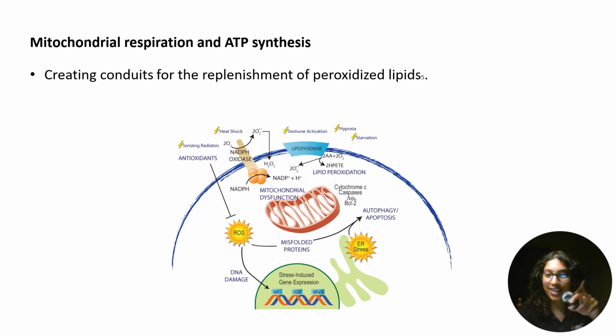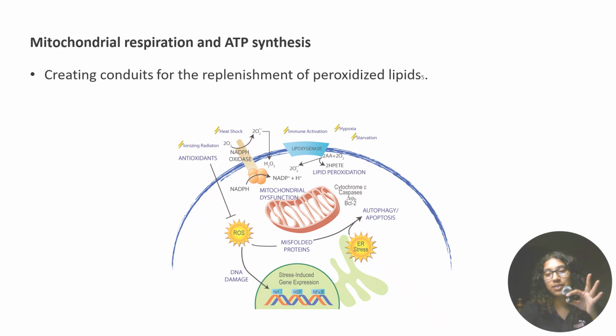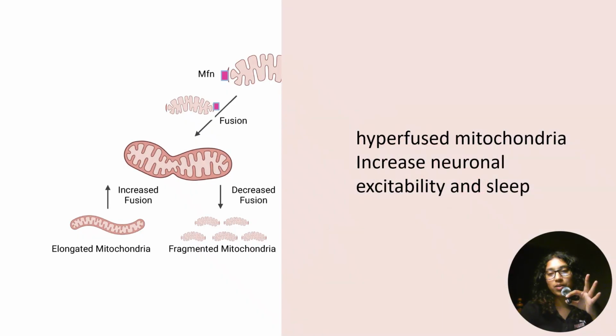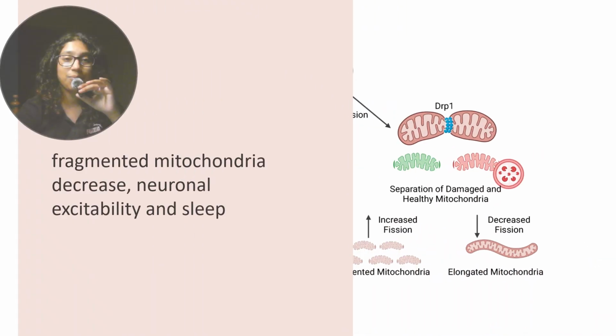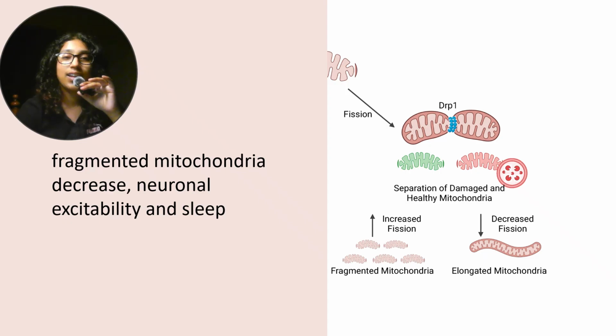So yeah, this is the connection for the peroxidation of lipids, and it will be easier to understand when it comes in context in the later part of the paper. Okay, so here we need to keep note of 2 points: hyperfused mitochondria increase the neuronal excitability and sleep, whereas fragmented mitochondria decrease the neuronal excitability and sleep.